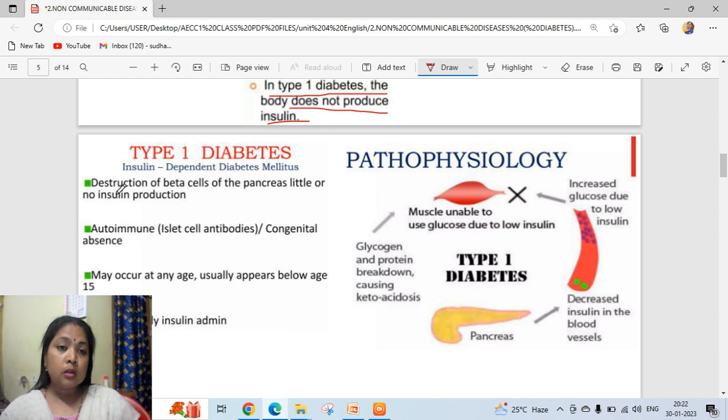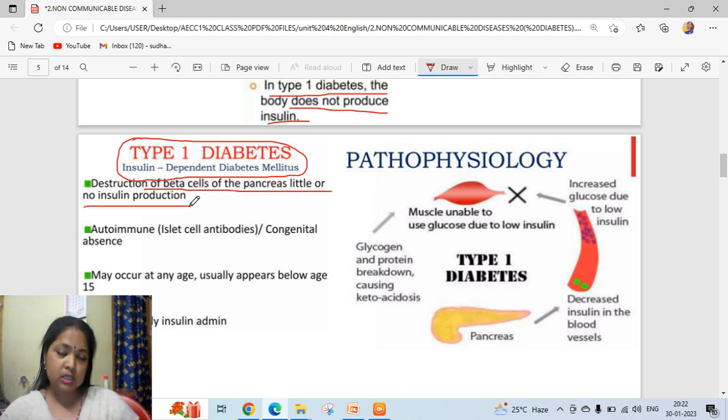Type 1 diabetes is known as insulin dependent diabetes mellitus. So destruction of beta cells of the pancreas, little or no insulin production. These are the characteristic features of type 1 diabetes.